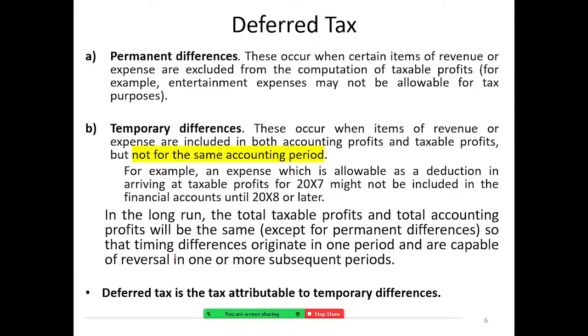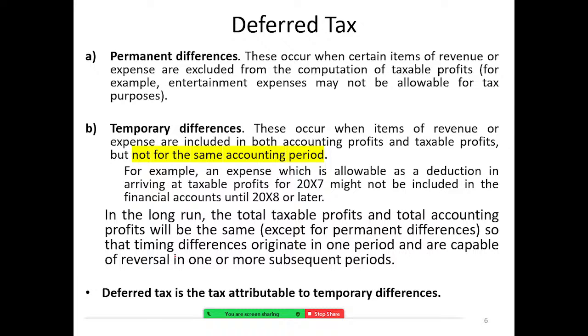This arises due to the differences between the capital allowances and accounting depreciation. Normally when we calculate taxable profit, the government gives us accelerated capital allowance. It means the capital allowance rate is higher than the accounting depreciation rate.